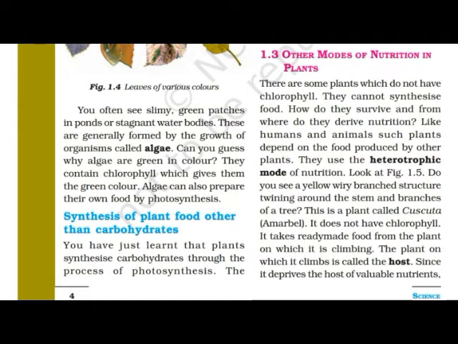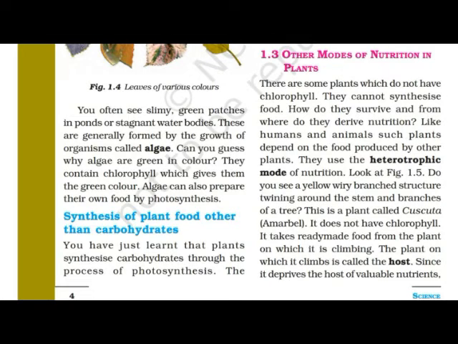Cuscuta does not have chlorophyll. It takes the ready-made food from the plant on which it is climbing. You can see very clearly the original color of the big tree is green, but the yellow tubules show the cuscuta, which is taking ready-made food from the plant on which it climbs.